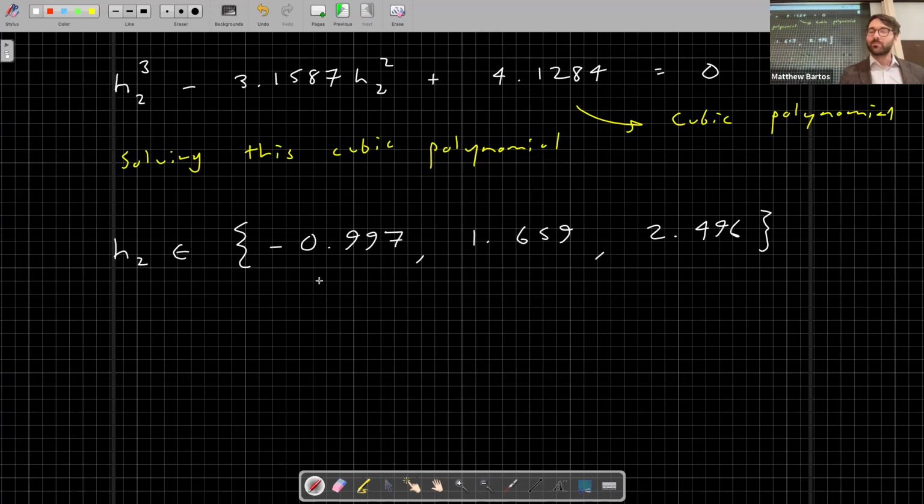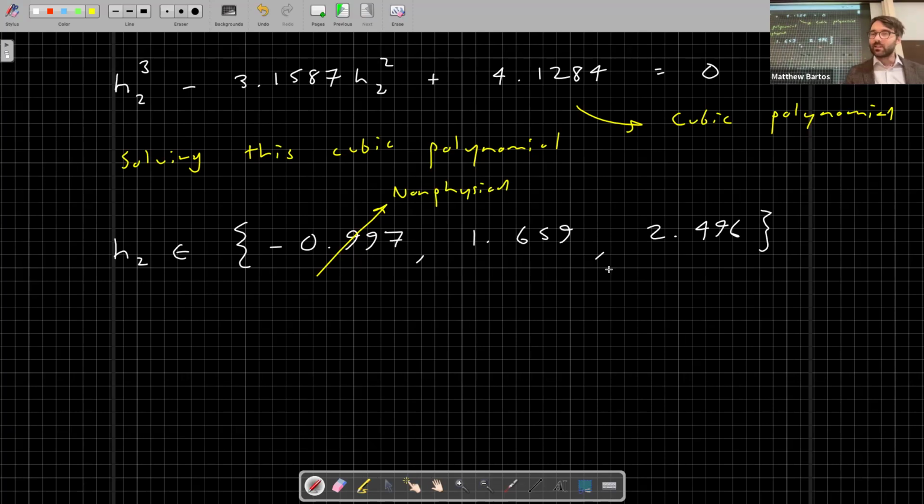Okay, so the first one we can essentially throw this answer out. This answer is non-physical. We can't have a negative depth. So this is non-physical. And we're left with 2 different answers.